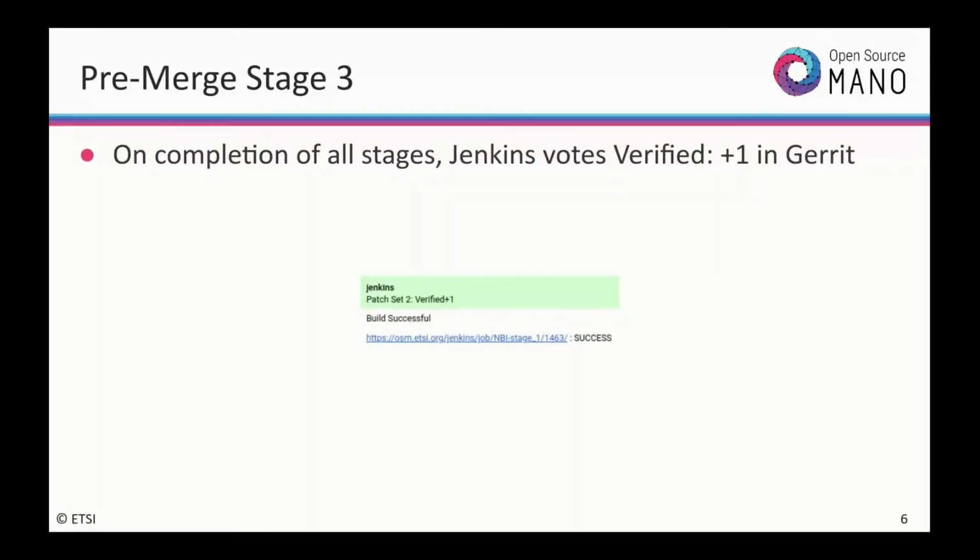Maybe the Docker images were built, but when OSM got installed and everything went to run together, it discovered that something fundamental broke that prevents OSM from starting up. If anything fails, Jenkins will vote -1 on the verified. And anything that contains a -1 cannot be submitted.